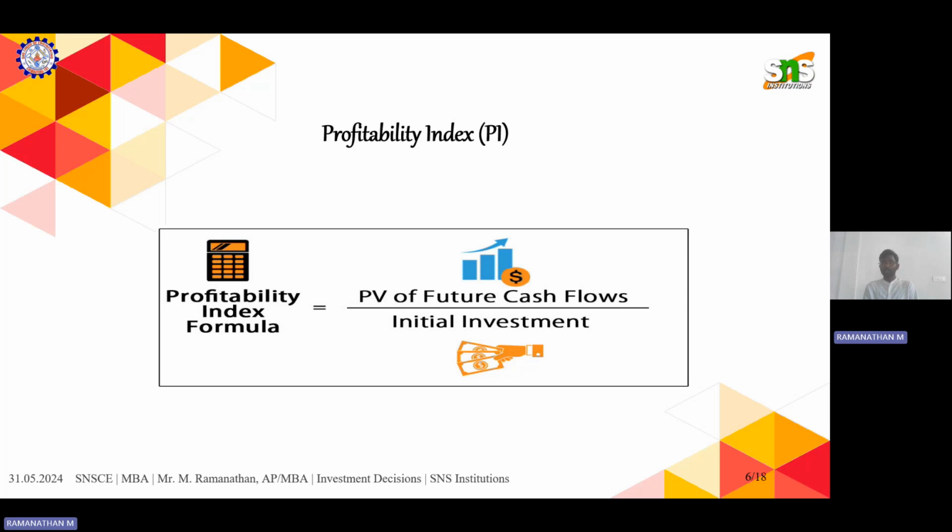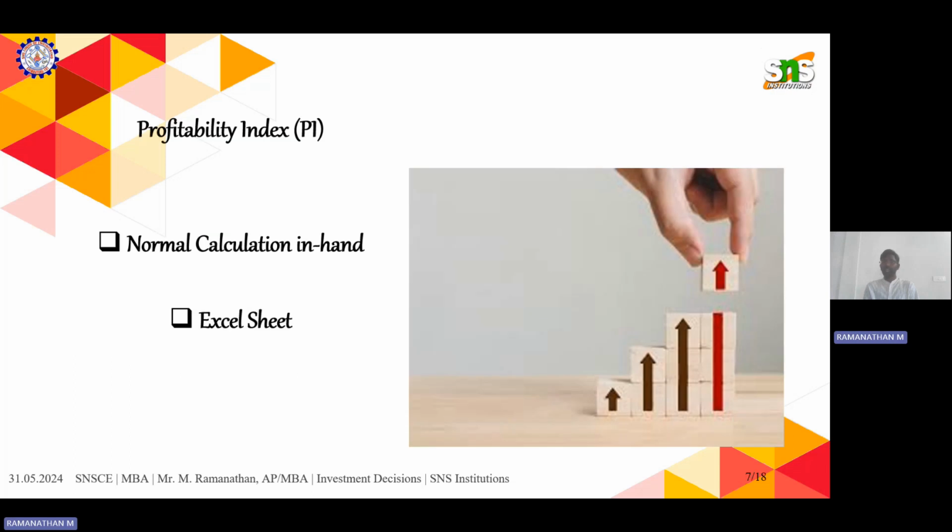So cash inflow divided by cash outflow will be the profitability index. You can calculate this through normal hand calculation, and you can also do it through an Excel sheet.